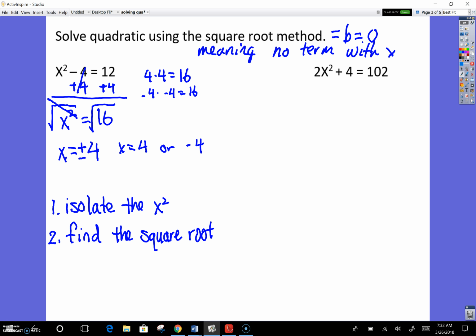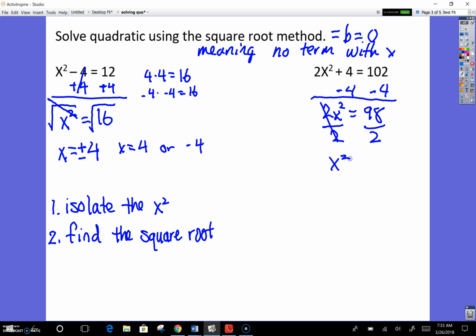Okay, let's try this next one. Negative 4, negative 4. So now I have 2x squared is equal to 98. Divide by 2. Cancel.